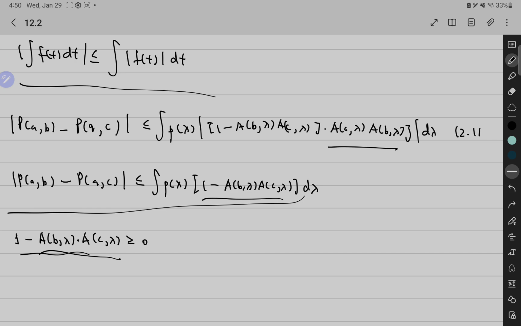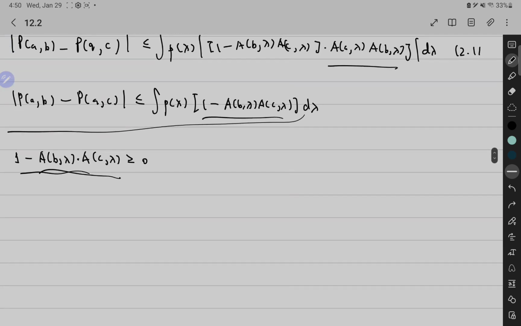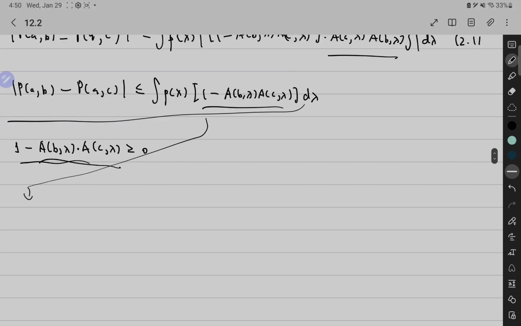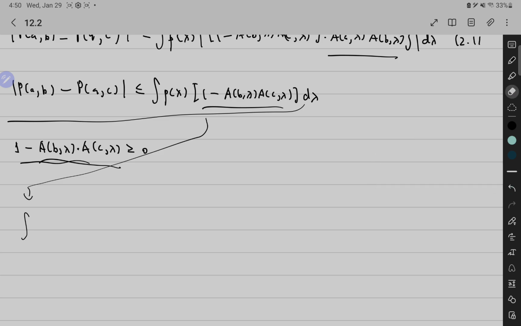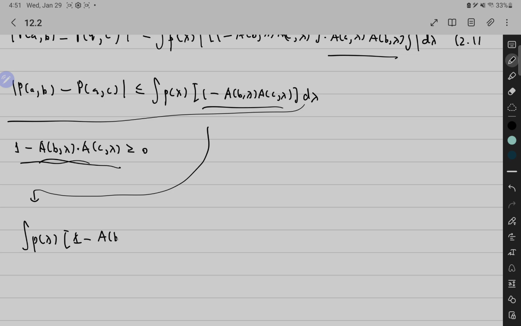So now we can move on to the final part, which is the important part that we get our inequality from. So let's further examine this integral: ρ(λ) times 1 minus A(B,λ)A(C,λ). We have to simplify this more.